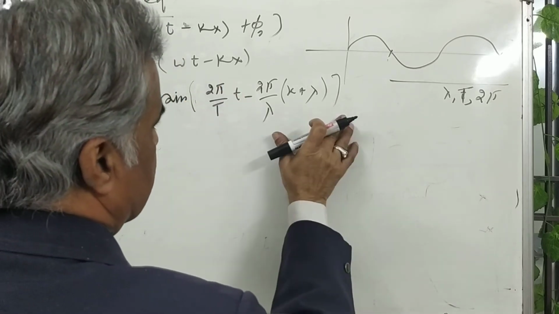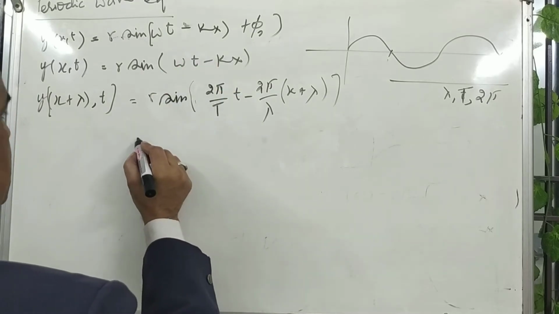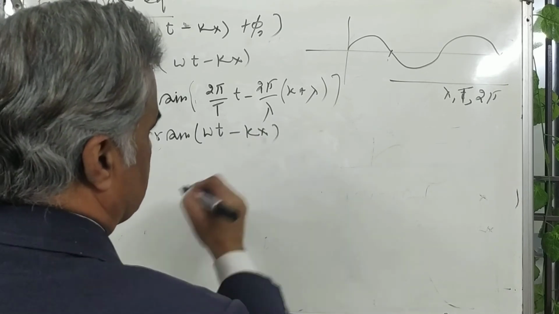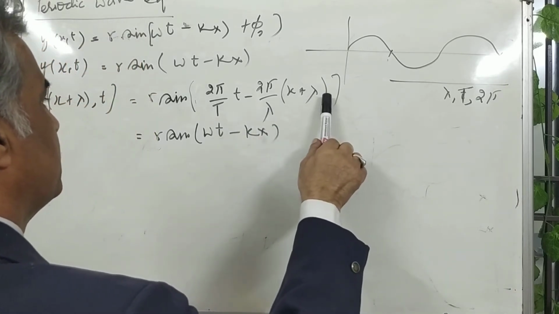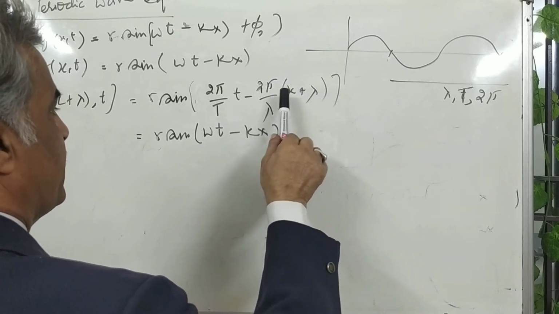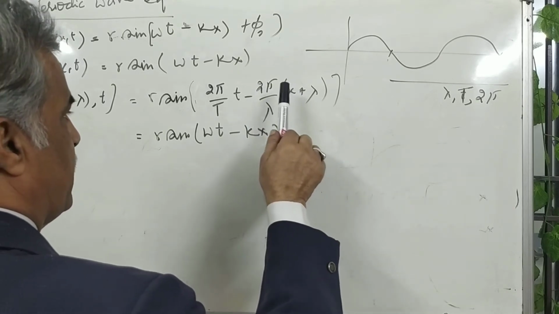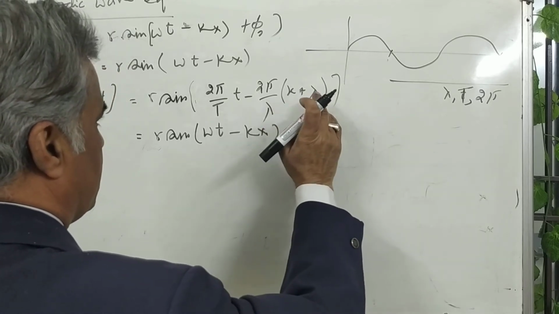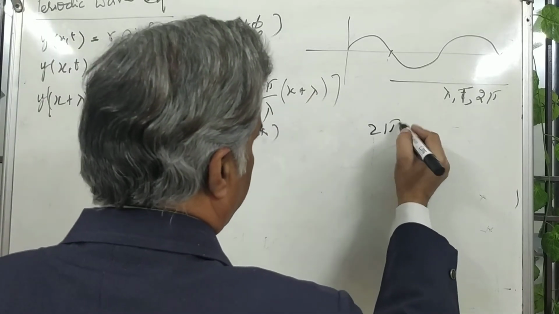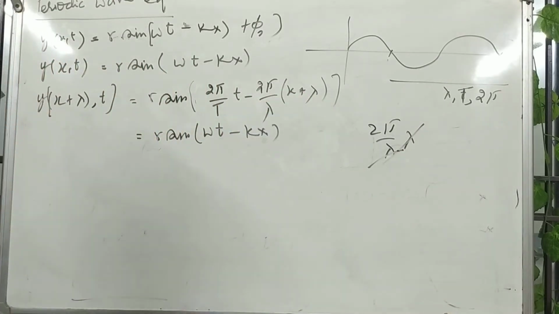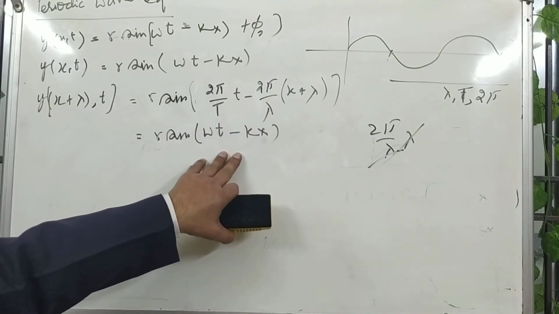On simplification, you will find the same. This is r sin(ωt − kx). You can simplify: λ and λ will cancel. That is 2π by λ times x, this is kx, and again k, 2π by λ into λ. λ cancels. This is the plus 2π. So sin(2π + θ) equals sin θ. On simplification, we will find this one only.